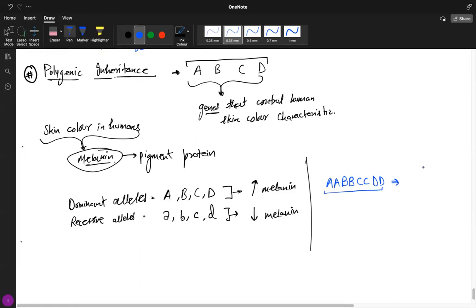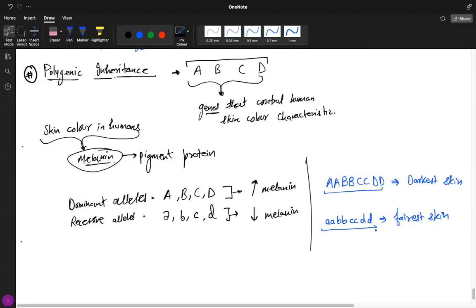Dark or fair? Dark. Yes, so this will be the darkest complexion that humans can achieve. And if someone has all the recessive genes, which means very, very little melanin formation, this will be the fairest skin. Make sense?